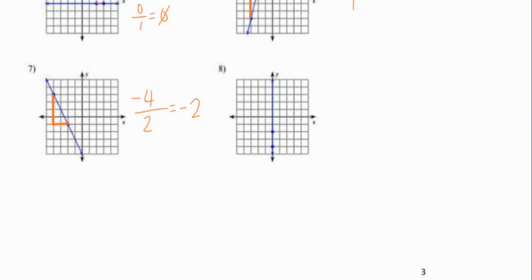Some students often ask me, well, why can't we do this? If I delete this here, is it the same as if we did this, over and down? And it really is if we have a good concept of our rise and run. Our rise is still 4, our run is 2, and it's going down, so it's -2.